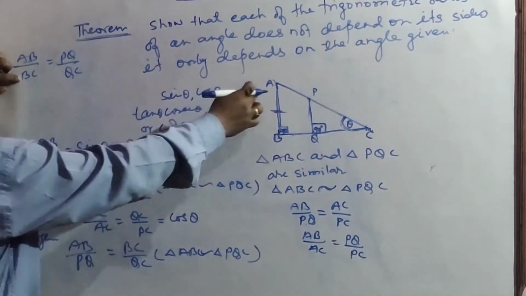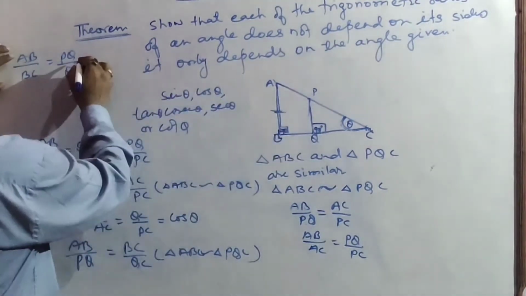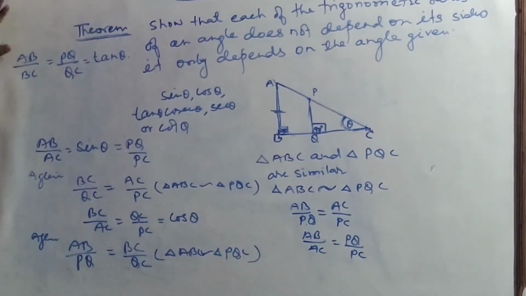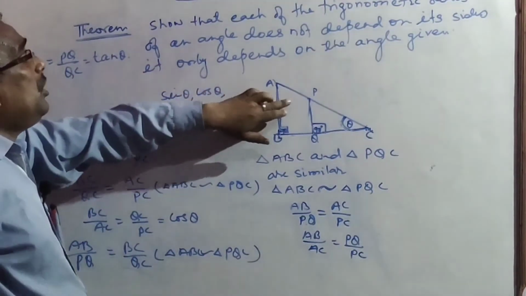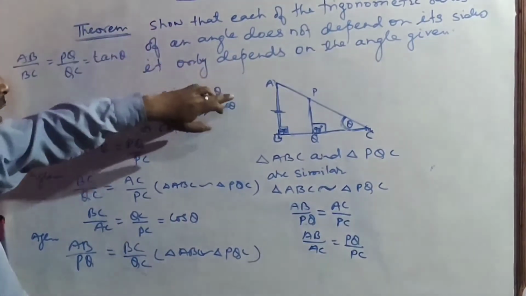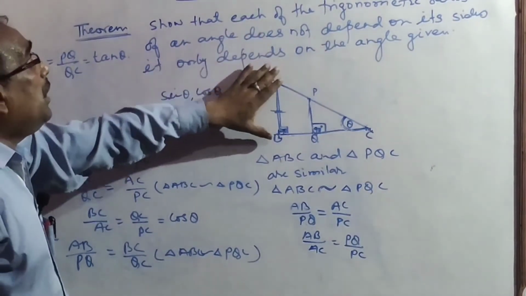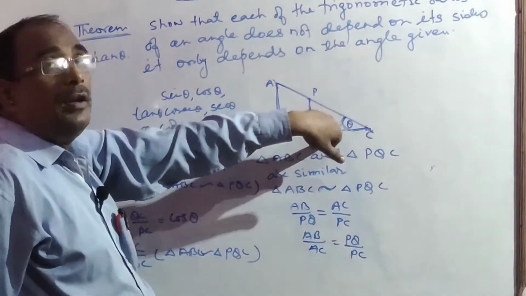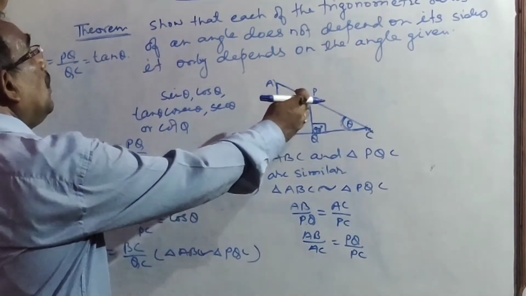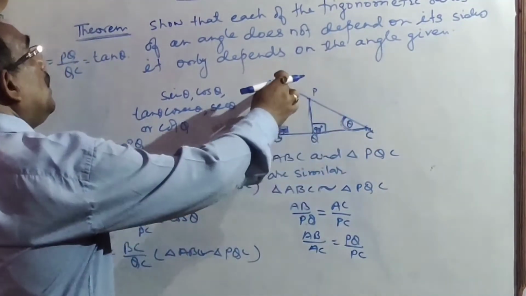AB by BC is tan theta, and PQ by QC is tan theta. So each of the trigonometric ratios of an angle does not depend on the size of the triangle, it depends only on the angle.